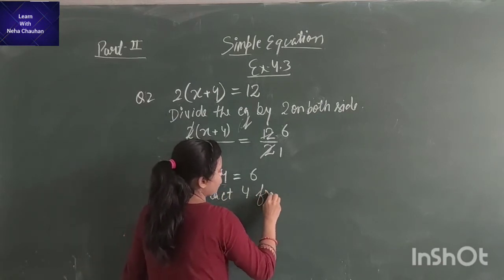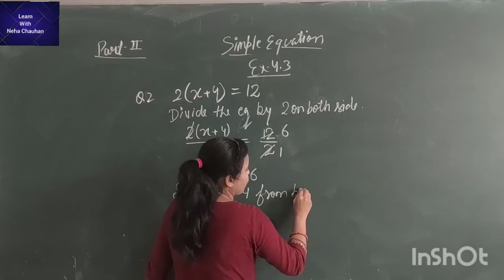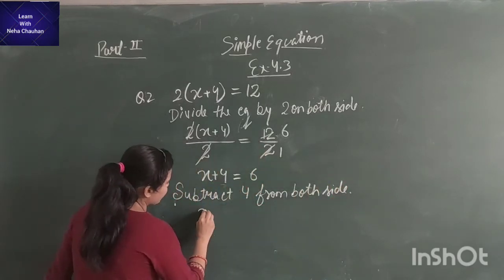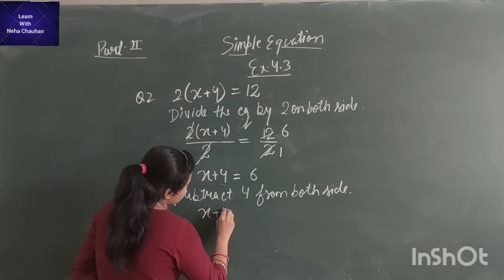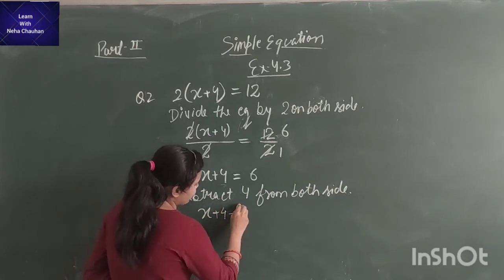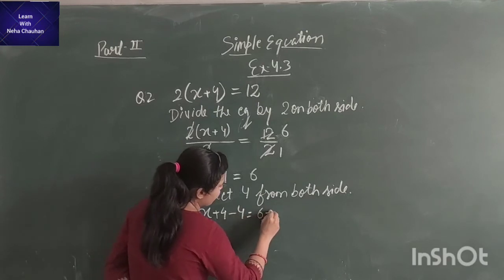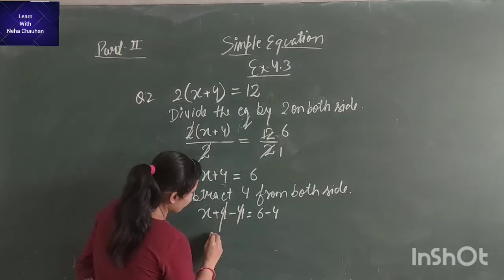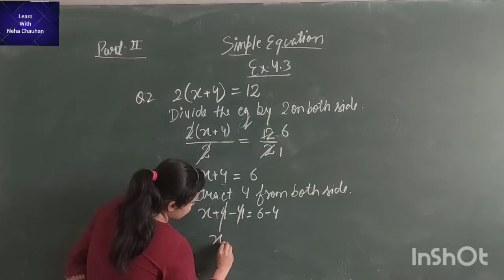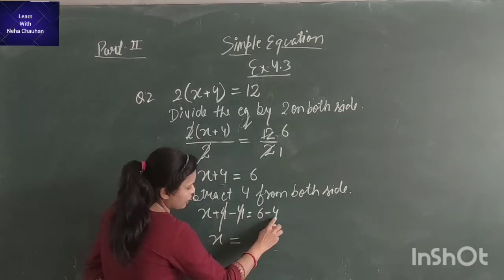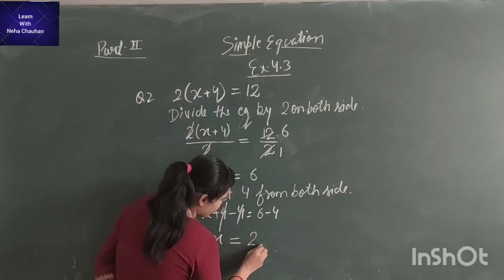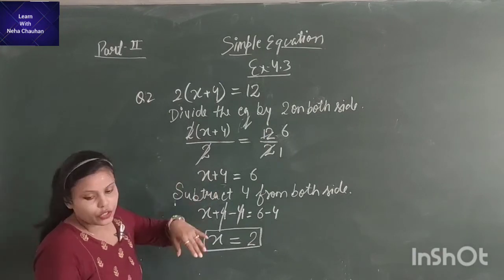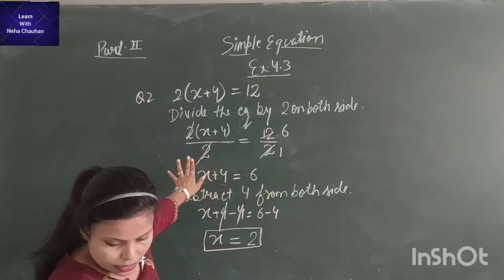On subtracting we will get x plus 4 minus 4 is equal to 6 minus 4. 4 and 4 will get cancelled. x is equal to 6 minus 4, which is 2. So we get the answer, x is equal to 2. The rest of the questions are the same for this particular question.